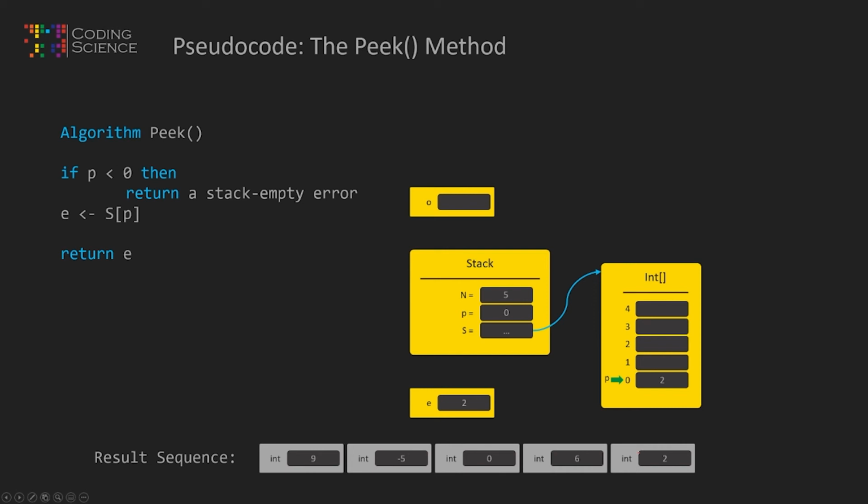But what if we do it again and we peek again? What would happen then? Well, as you see in here, we didn't make any changes to P. We didn't subtract 1 from P, so it's still at 0. And we didn't nullify the number 2 in the position 0.